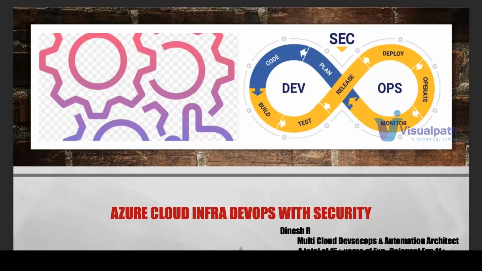My current project is with Azure, and I have experience in handling AWS and GCP clouds as well. My total experience is 16 years relevant to the cloud, especially cloud infra. DevSecOps is 11 years. That is my profile.